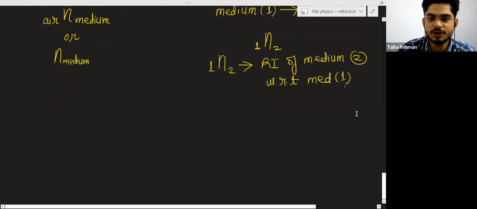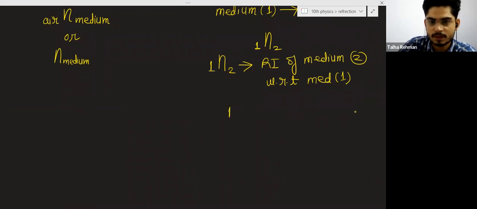And n12 is written as n2 divided by n1 simply. Or this n12 can be written as 1 divided by n21.